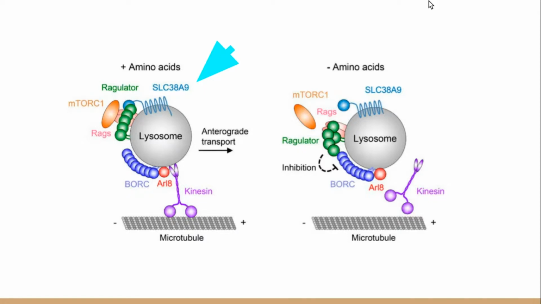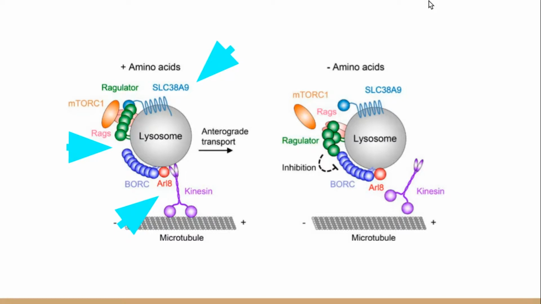Ragulator is also regulated by amino acid binding proteins, Sestrin and CASTOR. They're not shown here. Regardless, when the Ragulator complex senses amino acids, it relieves its inhibition on BORC, B-O-R-C. And BORC is a multi-subunit complex that, through the BORC subunit, can link up with kinesin proteins.